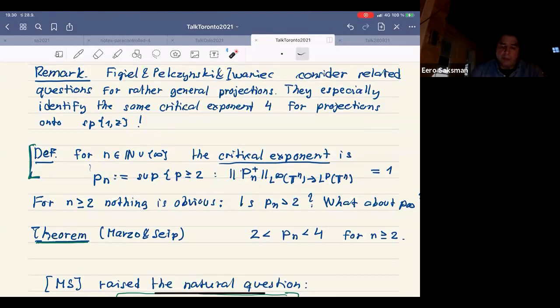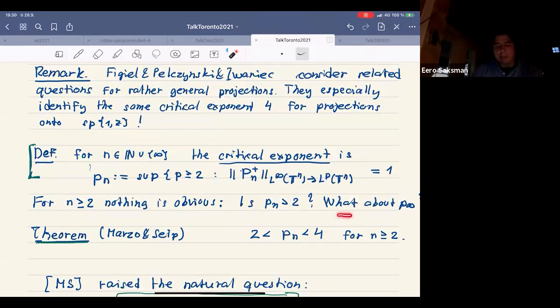For example, we can even ask, is it clear that Pn is larger than 2? What about P infinity? So then n goes to infinity, or if you look directly at the infinite dimensional Riesz projection, you still have contractivity. And Marzo and Seip, they showed that actually Pn is strictly between 2 and 4, for n larger than or equal to 2.